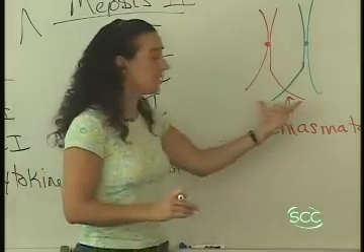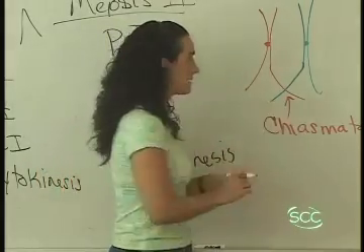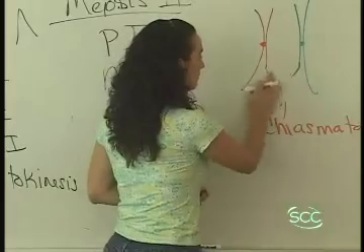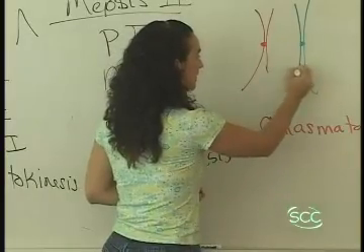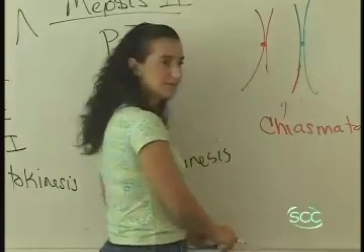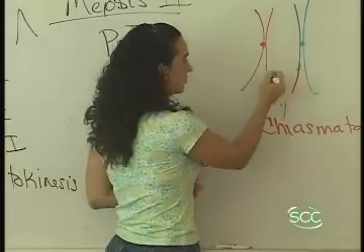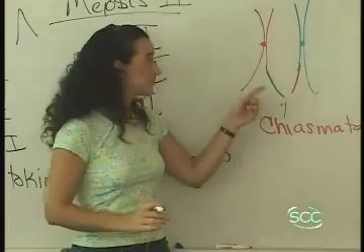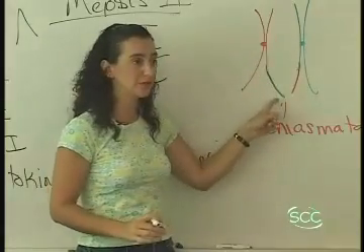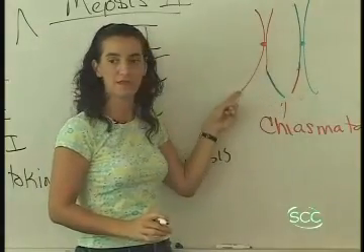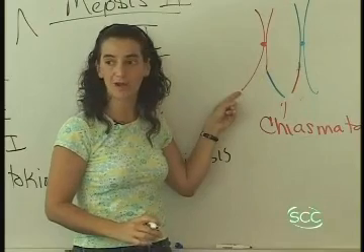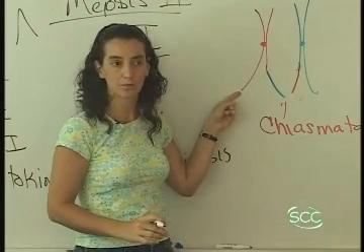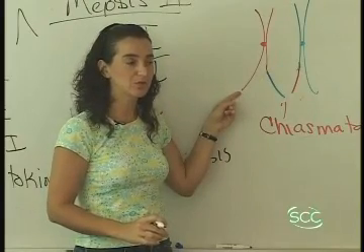And so now what happens is this blue chromosome actually ends up carrying a piece of red DNA, and this red chromosome carries this piece of blue DNA. And so now this is a completely different chromosome than this, isn't it? It is no longer identical. It is no longer the same chromosome.